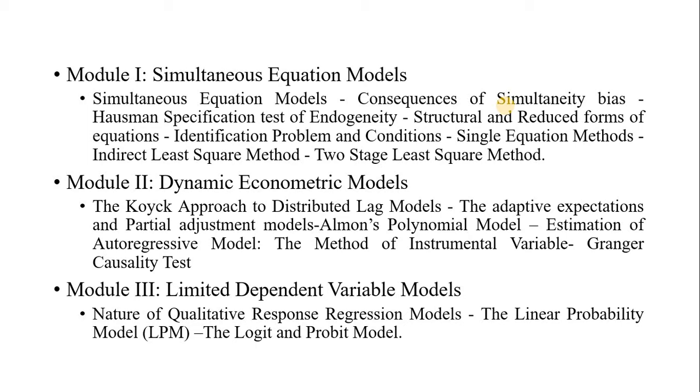But there are occasions, especially in qualitative research, where we have to consider the dependent variable as qualitative. When our dependent variable is in dummy format, it is known as a dependent dummy variable or qualitative response model. So how can we deal with such an econometric model?